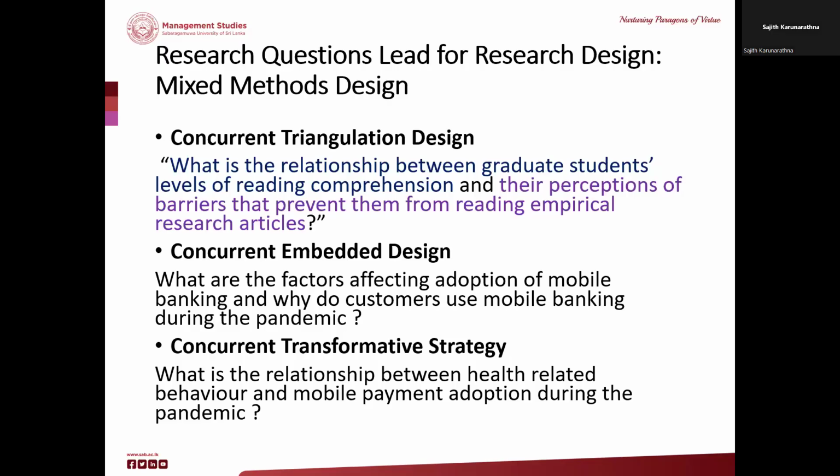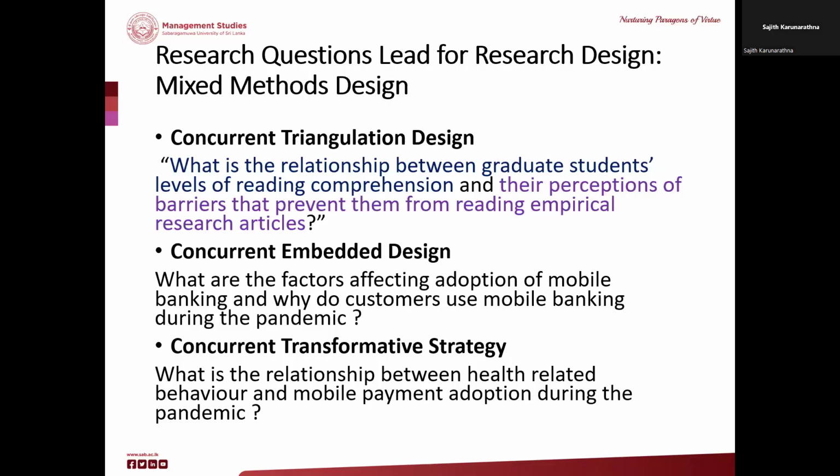The last one is the concurrent transformative strategy. Transformative is a theory-backed approach. The quali and quanti data collection and analysis happen at the same time, whereas theories play a significant role. What is the relationship between health-related behavior and mobile payment adoption during the pandemic?